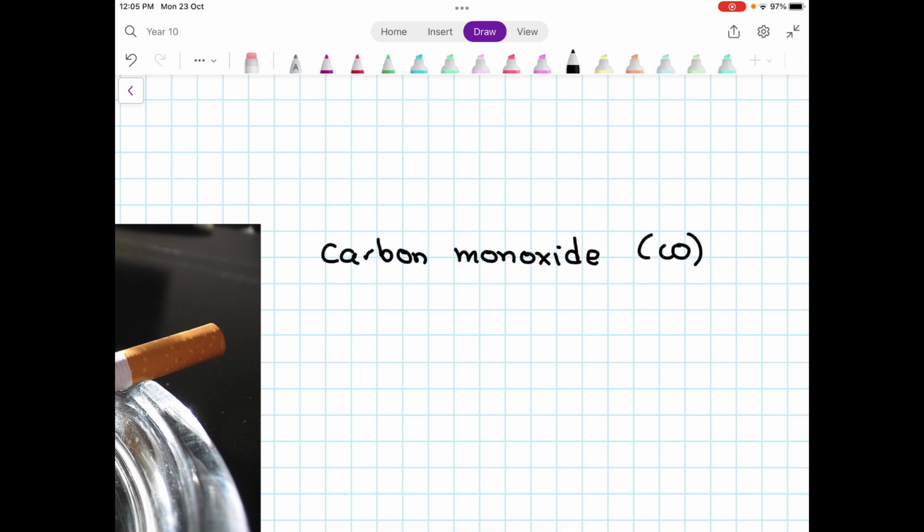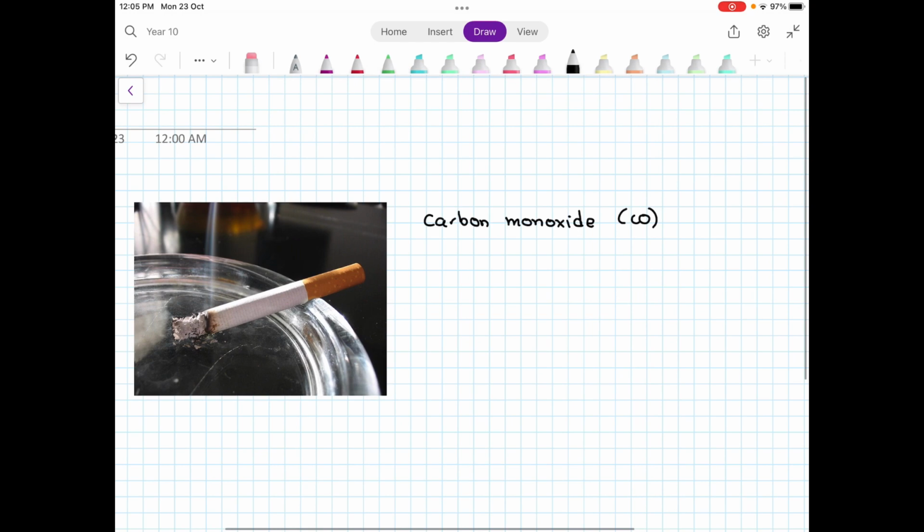Carbon monoxide is a poisonous gas. It irreversibly binds to hemoglobin in red blood cells, and this reduces the oxygen carrying capacity of blood.